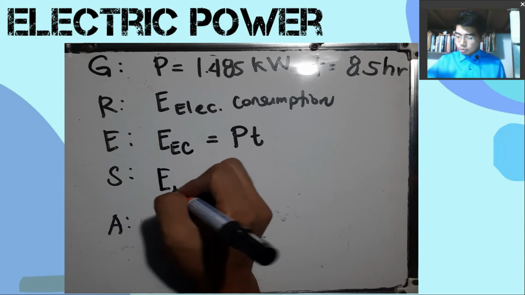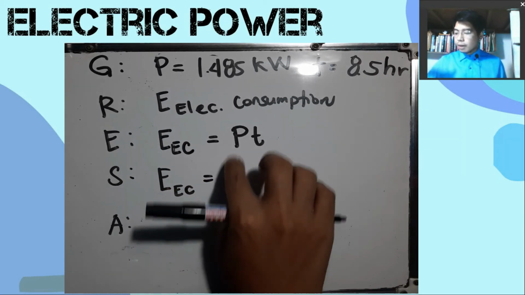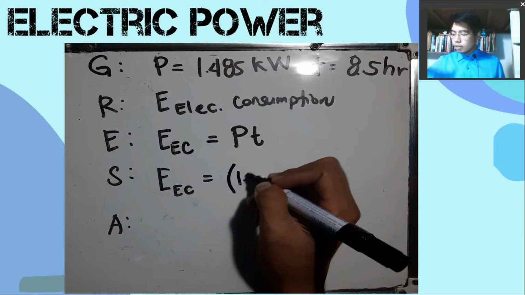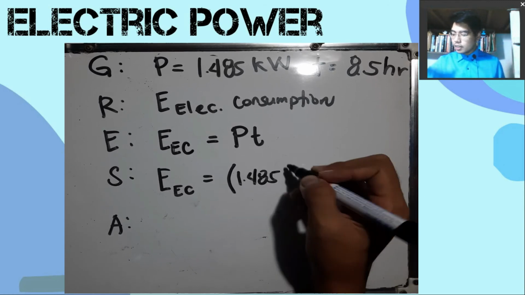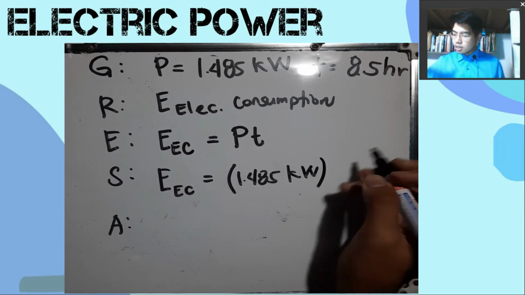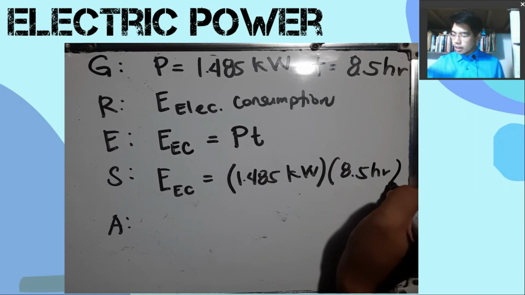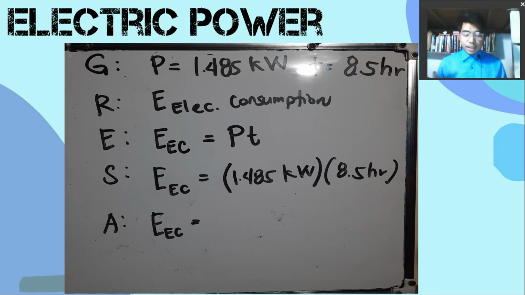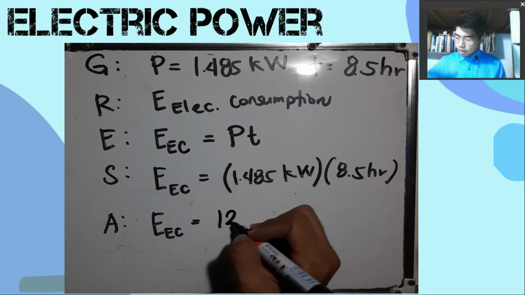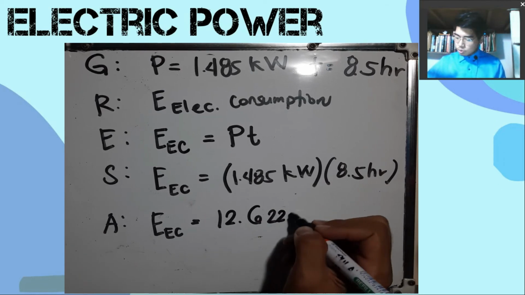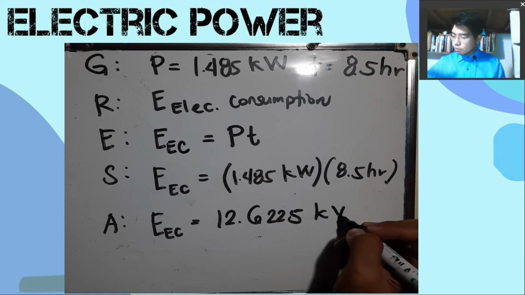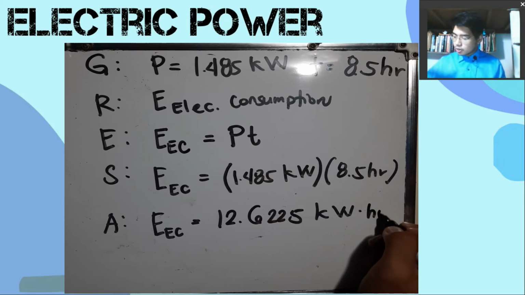Then for our solution, power is 1.485 kilowatts. Then we're going to multiply it with 8.5 hours, which will give us the answer that is equivalent to 12.6225 kilowatt hours.